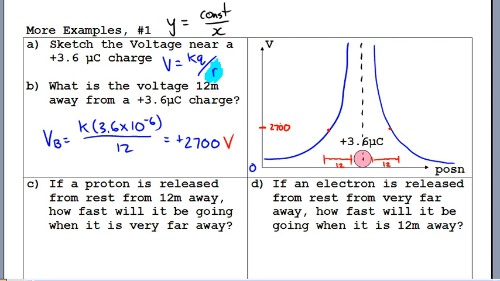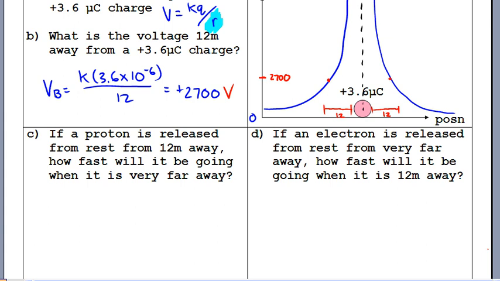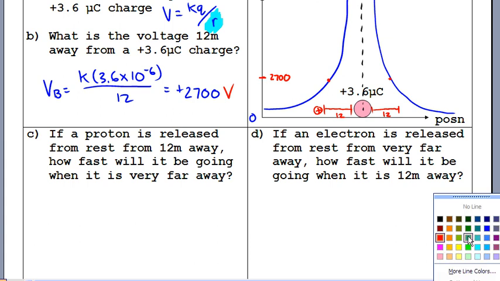Okay. 2 follow-up questions. Part C. If a proton is released from rest from 12 meters away, how fast will it be going when it's really far away? Well, that's kind of like taking a proton, we'll bring it nearby this pink charge, we'll put it right here, and then letting it go. It's going to go rocketing away in this direction.